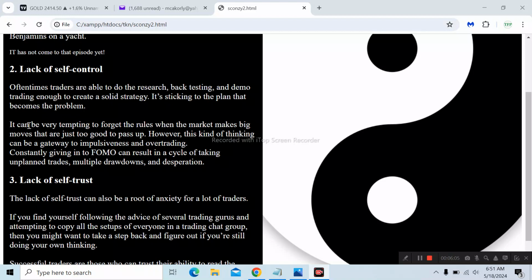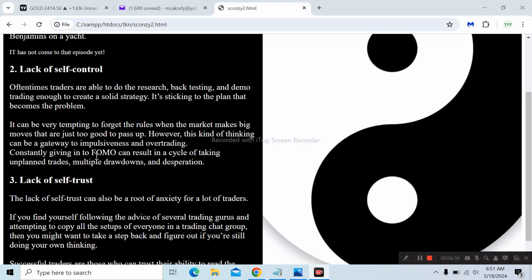It can be to forget your plan when the market makes big moves that are just too good to pass up. However, this kind of thinking can be a gateway to impulsiveness and overtrading. Constant FOMO can result in a cycle of taking unplanned trades, losses, and desperation.